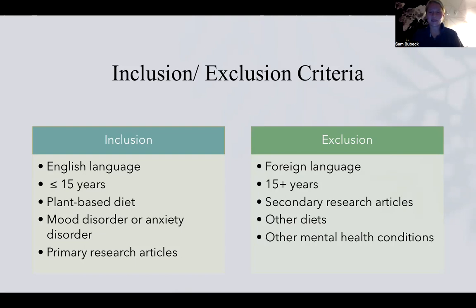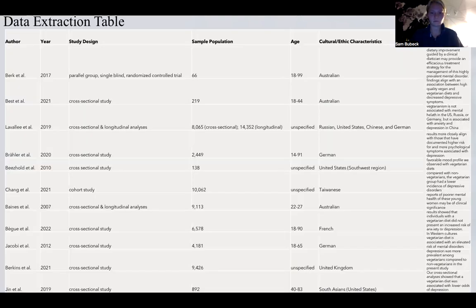I also excluded research that focused on other mental health conditions aside from those mood disorders and anxiety disorders. So here's my data extraction table. I comprised 11 articles to synthesize this systematic review.